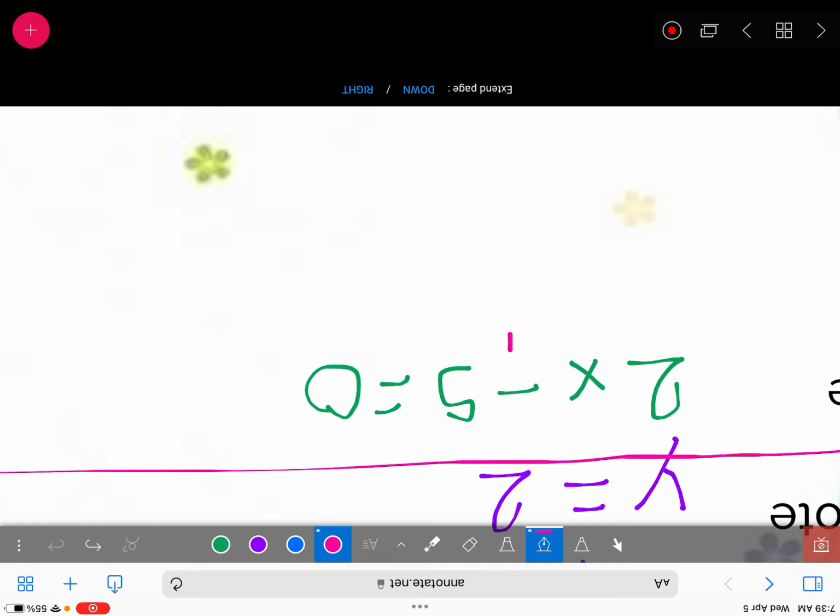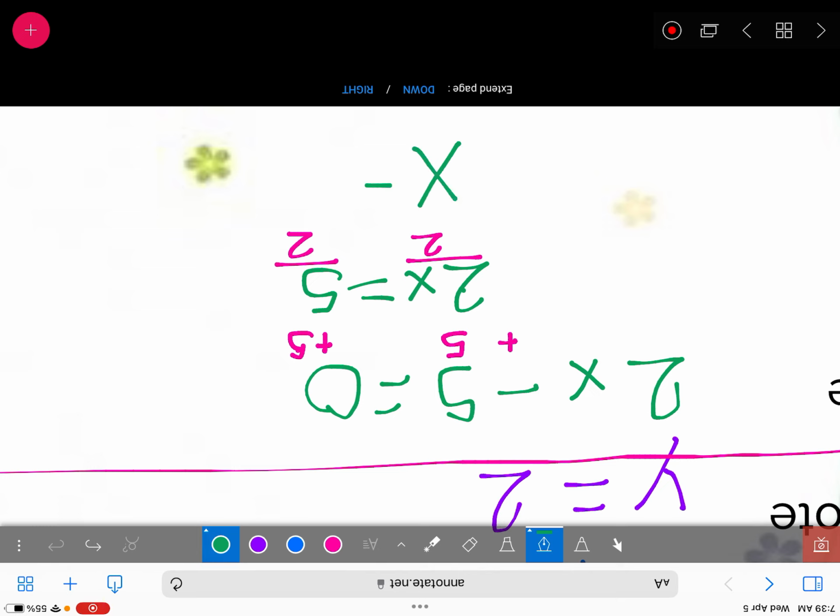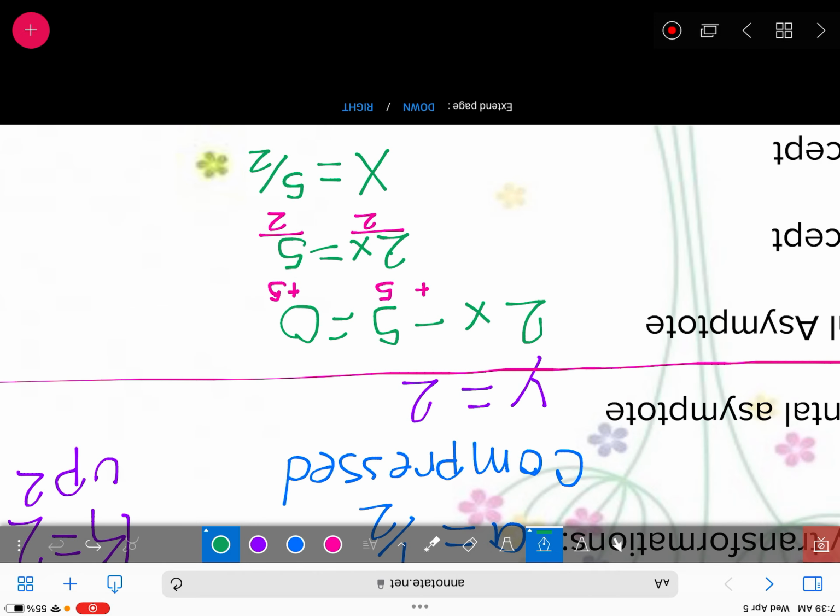I'm going to go ahead and walk us through it because we have 2 more to do and we really need to get to the last one today. 2x equals 5, so we add 5 to both sides. 2x equals 5. To get x by itself, divide by 2. So our asymptote is where x equals 5/2.